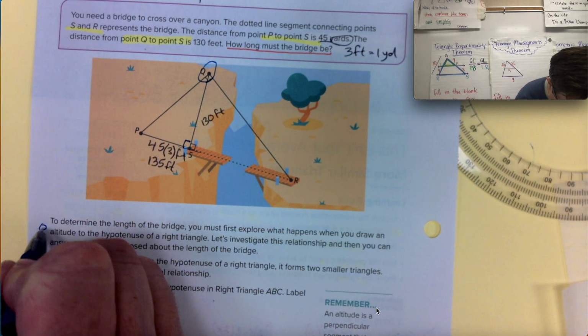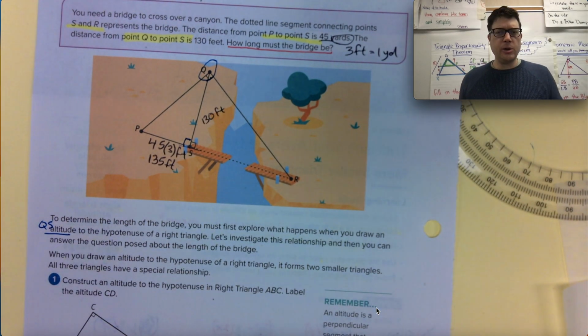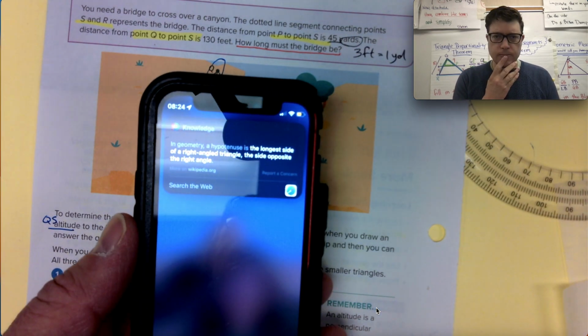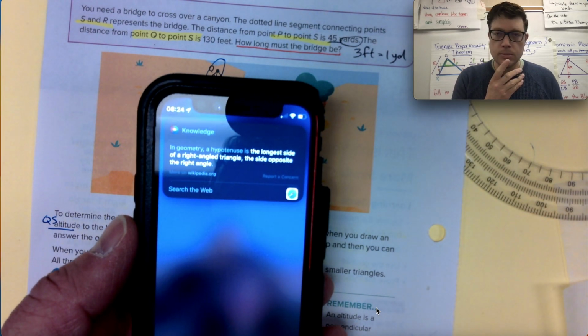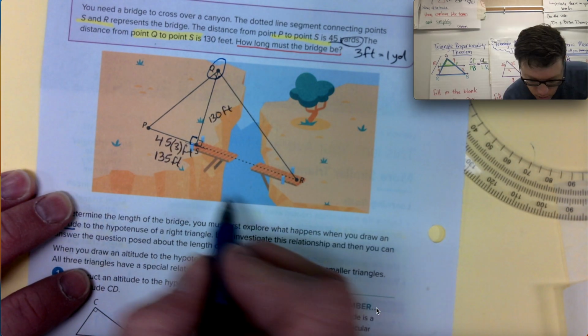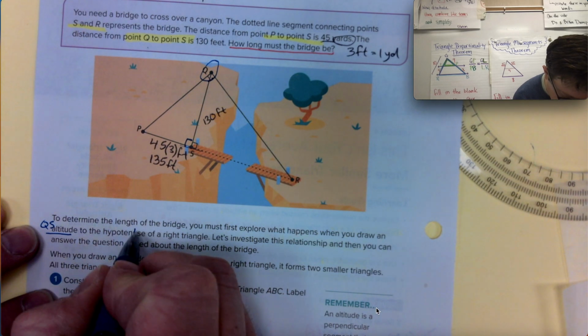I'm going to write that down here. QS, that's the altitude. Hey Siri, what's a hypotenuse of a triangle? Here's what I found from Wikipedia in geometry: a hypotenuse is the longest side of a right-angled triangle, the side opposite the right angle. Okay, so if this angle Q is the right angle, then PR is the hypotenuse.